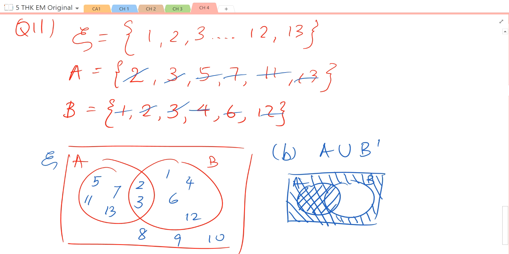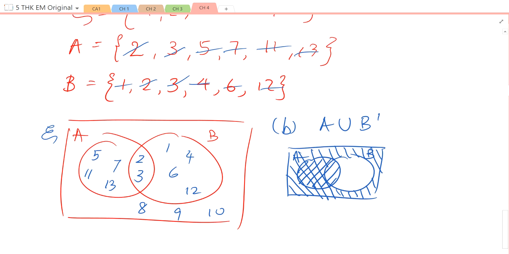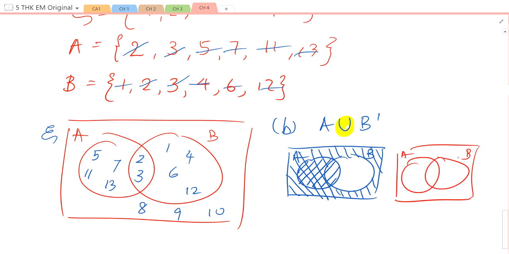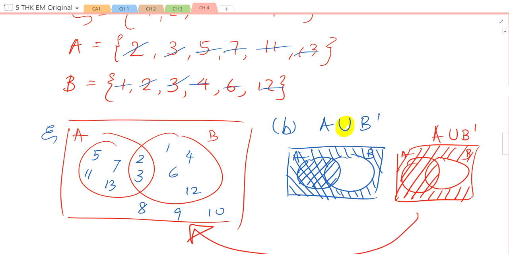So now I know A union B complement looks like this, and since it is a union, I take everything. It is not just intersection. I want everything that is shaded, which means my final Venn diagram looks like this. This is A, this is B, all of these. Okay, this is my A union B complement. Now we refer back to our Venn diagram.